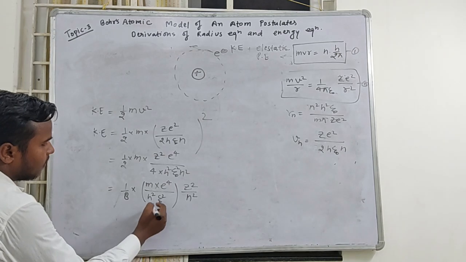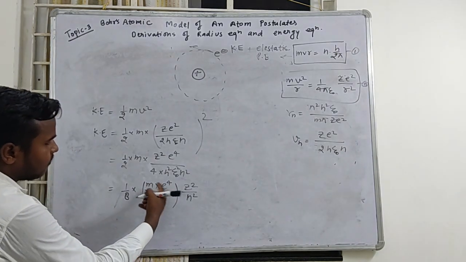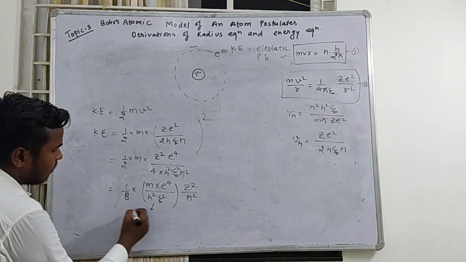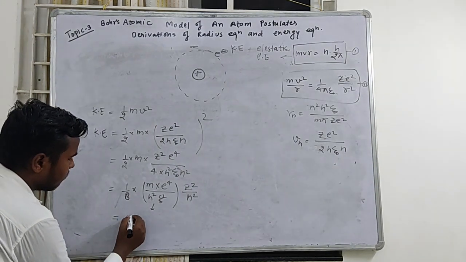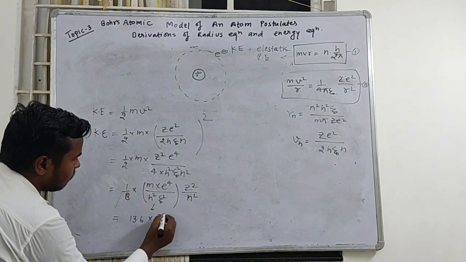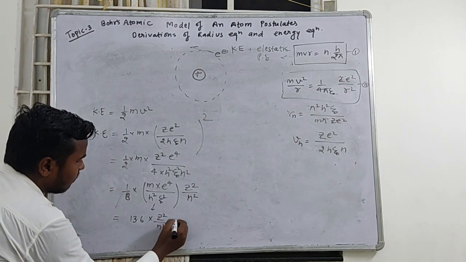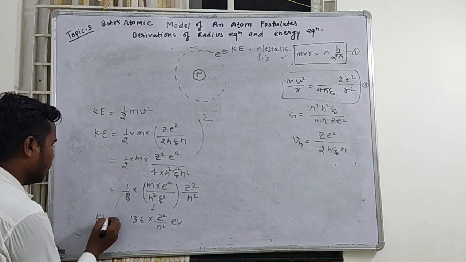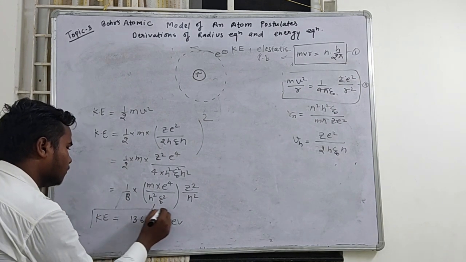After putting the values of these constant terms, we get 13.6 into z square upon n square electron volt. So KE will be this one.